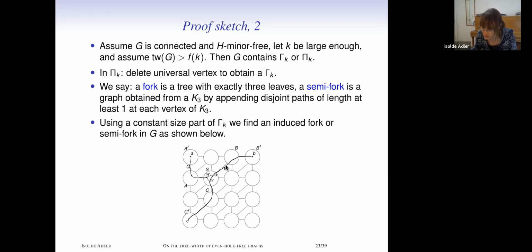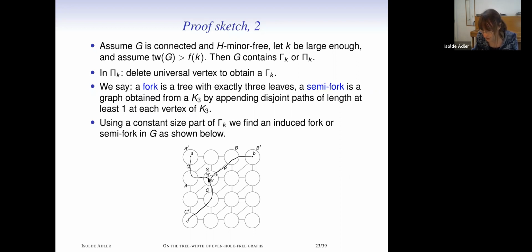Since these sets are connected and there are edges here in the triangulated grid, there exists a path, so we pick a shortest path like this. This is called P in the picture. And then from that vertex A, we take a shortest path through this blob and this blob to connect to P, like this: a shortest path from that little vertex to any vertex on P. And then there's a bit of a case distinction here. So take the last vertex on that shortest path, call it W, and then look at how it connects to P.